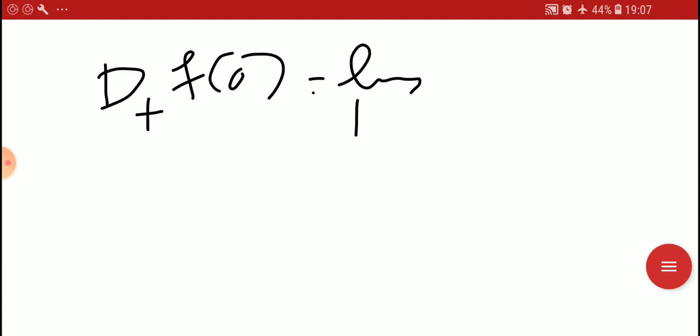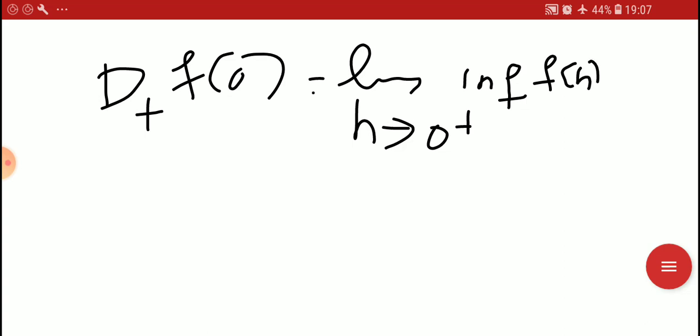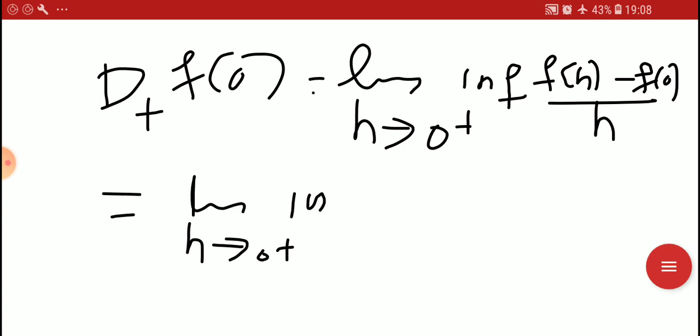The formula for that is the limit as h tends to 0 plus, approaching from the right of 0, but for the lower derivative we use infimum in place of supremum, of (f(h) − f(0))/h. With f(0) = 0, here h is to the right of 0, so h is positive, f(h) = |h| = h, and h/h gives 1. So the right derivatives, upper and lower, are equal.